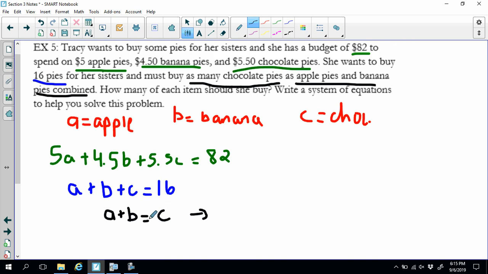So in order to have a constant, we need to move the C over. We do that by subtracting. So now we have A plus B minus C, because we subtracted it, equals 0. Now that I have a constant, I can create my matrices correctly.